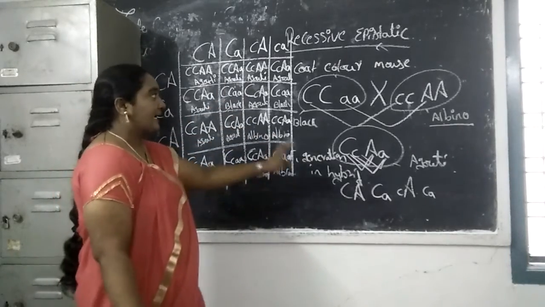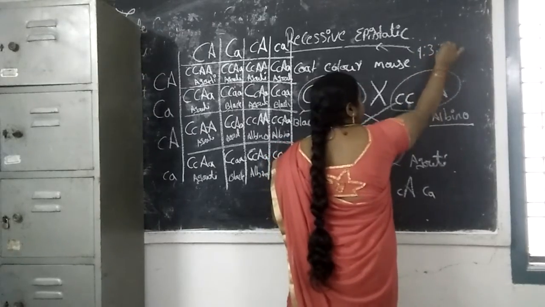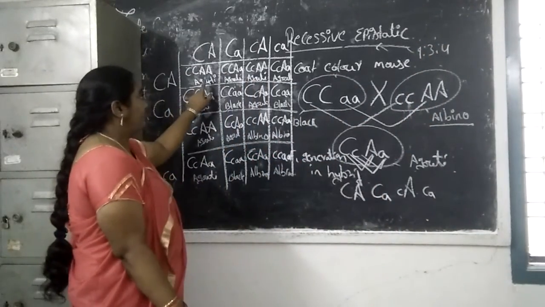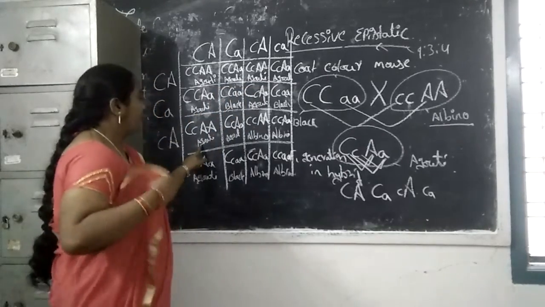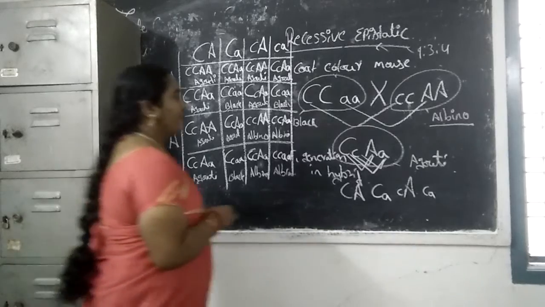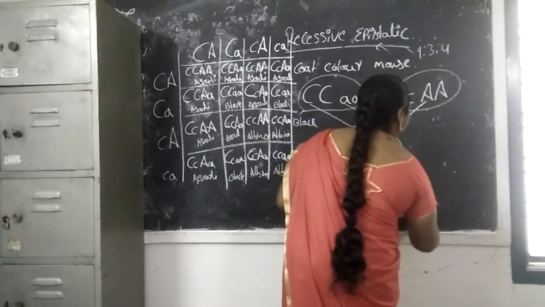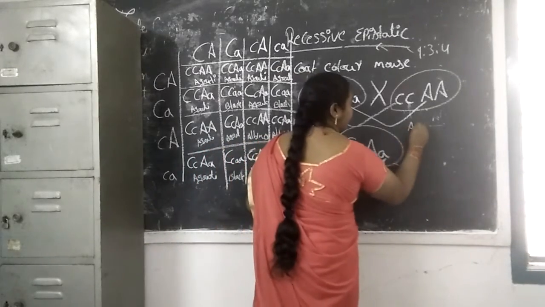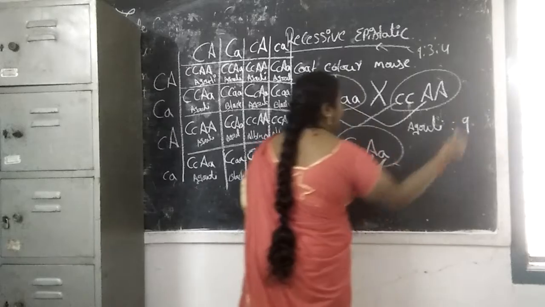Okay, let's convert it into recessive epistasis 9:3:4. Count this: 1, 2, 3, 4, 5, 6, 7, 8, 9. The agouti is represented by 9.